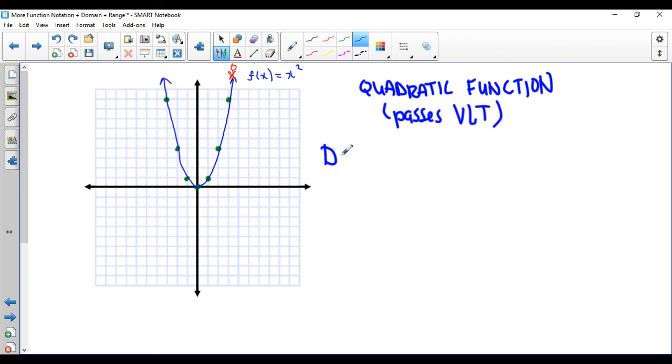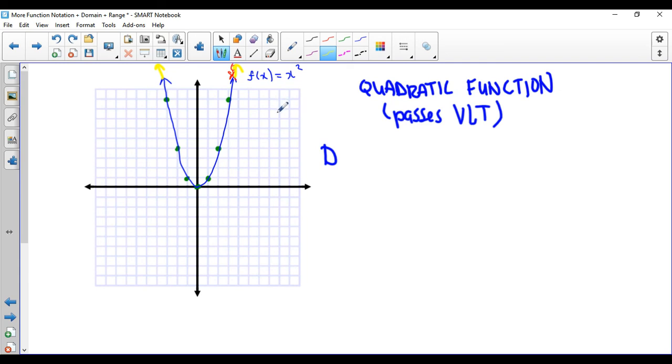All right. So now let's talk about the domain and the range. So if you think about it, same as with a line, this is going to go on forever up here. So this parabola, if you had a graph paper that was an infinite area, you could literally keep graphing. Because if you think about it, can you take any number and square it?